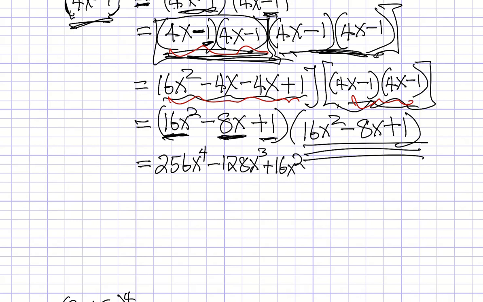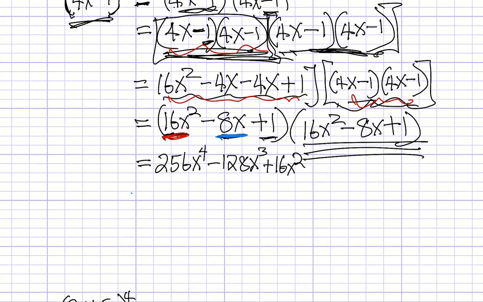Don't forget. We'll finish with that. Now we gotta start with this one. Let me use a different color. Make sure you see what is going on. Now we're gonna use negative 8x to multiply everything else. So negative 8x times 16x squared, I'm gonna write it here with a different color.